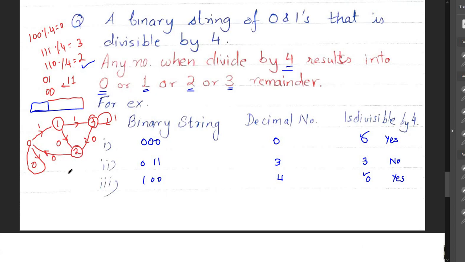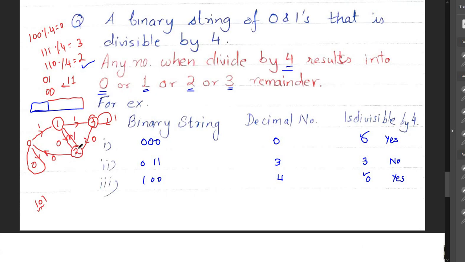And from 2, if I take 1, initially the remainder is 2, which has the binary equivalent 1, 0. If I append 1, it becomes 5. And 5 modulo 4 becomes 1. So you will reach state 1 after taking 1.